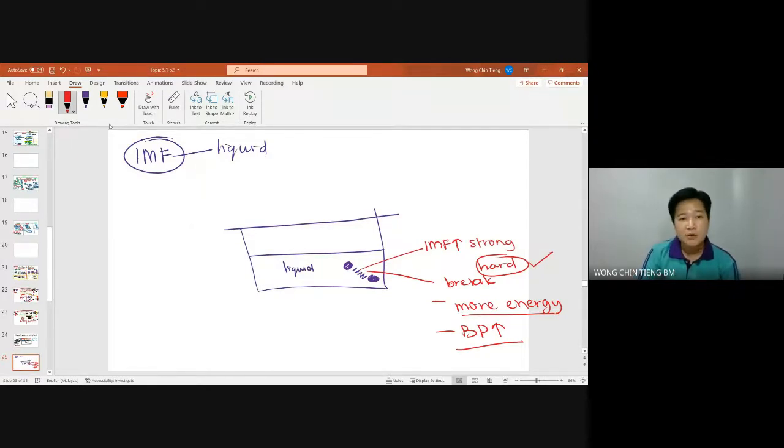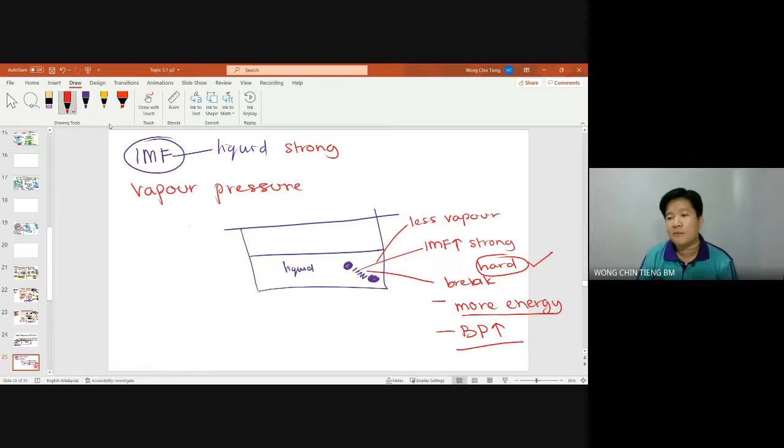So when the intermolecular forces of the liquid are strong, your vapor pressure will decrease. Why will vapor pressure decrease? Because it's very, very hard to break. Therefore, less vapor is produced. It's hard to release. Where would you get water vapor? It just stays in the water. Right?